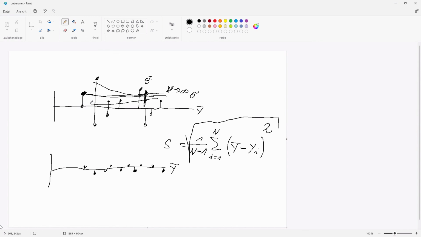When you have fewer measurement values, you have a bigger delta of the empirical standard deviation. And when you have more and more values, you come closer to this true standard deviation for an infinite number of measurements.